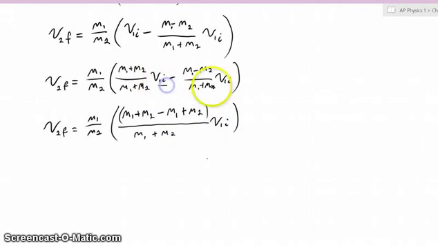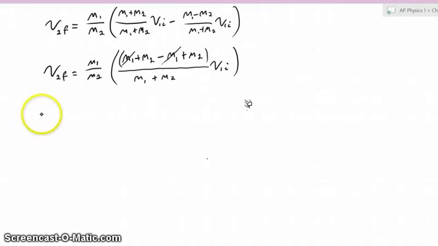So here both terms had v1 initial, so I factored that out. And then again, this negative sign got distributed, so we had a negative m1 and a positive m2. Now everything is in the numerator. The two m1s are going to cancel out. We're going to get 2m2. So this is going to start to simplify, look a bit nicer.